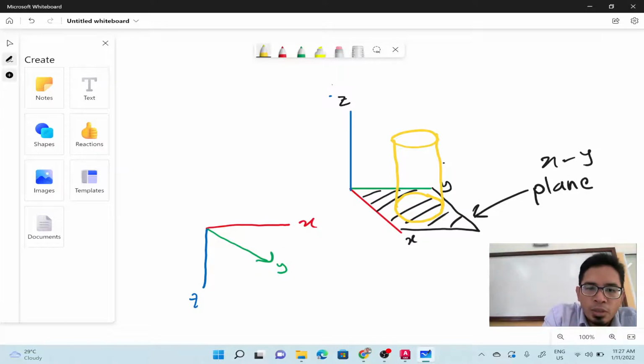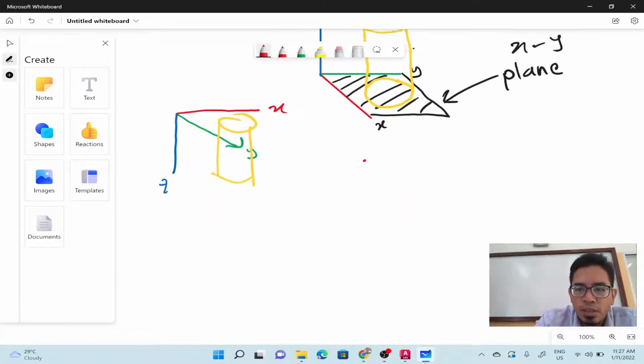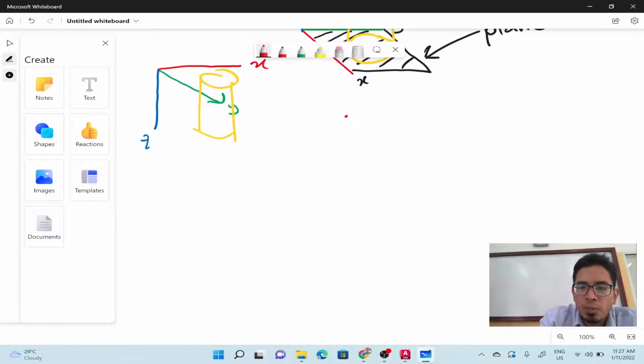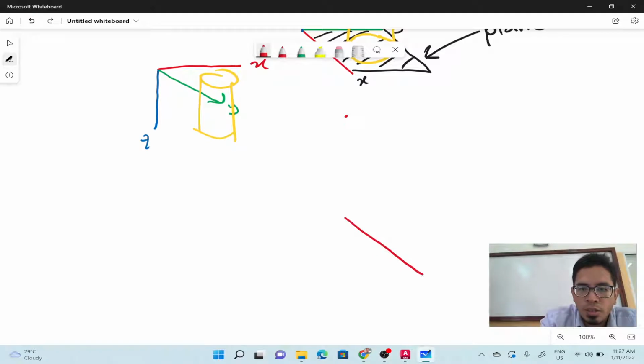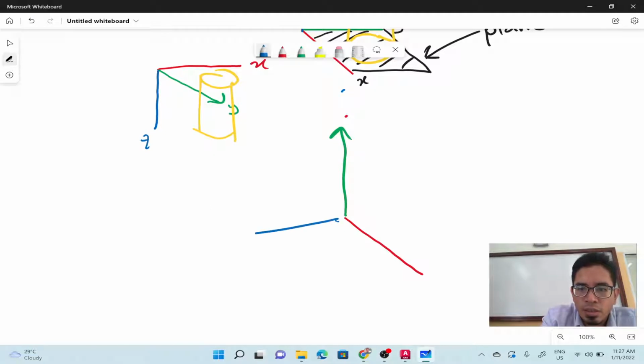Over here it is the same as well. Let's say I change the XY like this. Let's say I put X over here, Y over here going up, and then our Z over there.